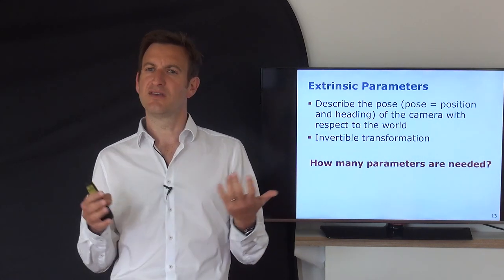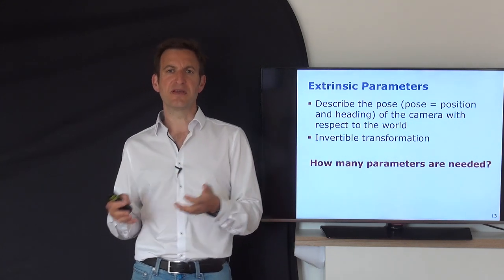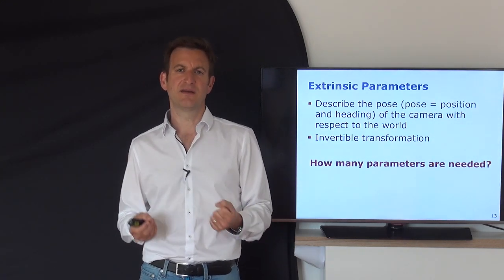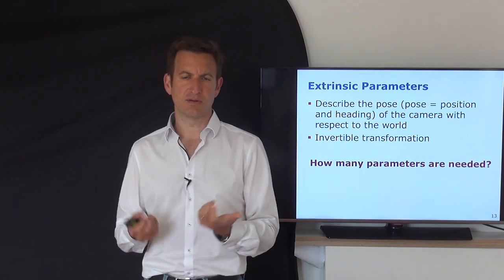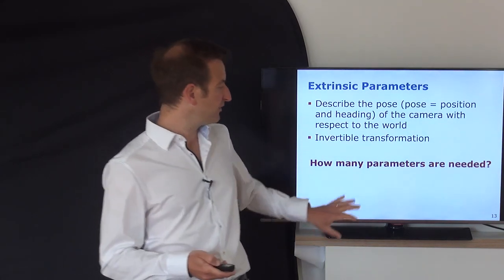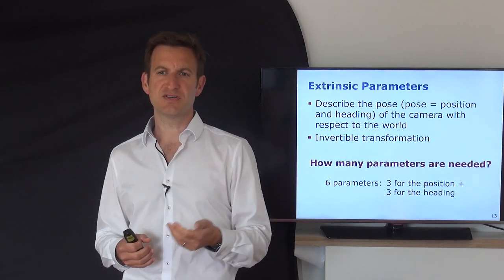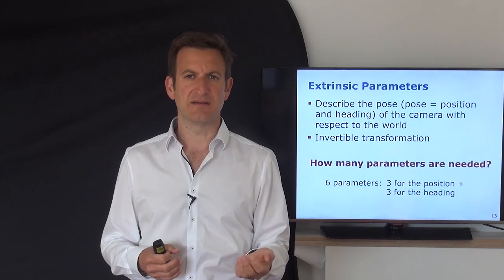This is a so-called rigid body transformation, which consists of 3 translations in X, Y, and Z, and of 3 rotational components, the yaw, pitch, and roll angle, for example. So this sums up to 6 parameters that we need to estimate: 3 for the position and 3 for the heading information.